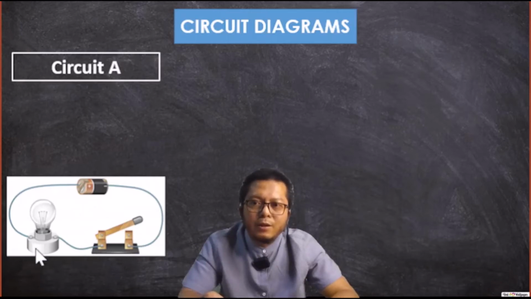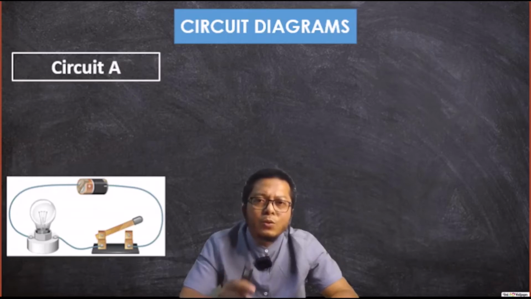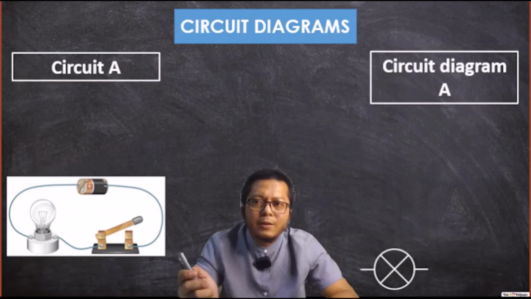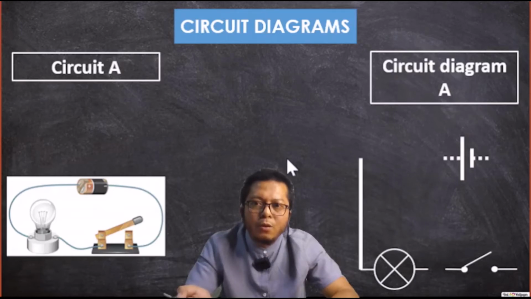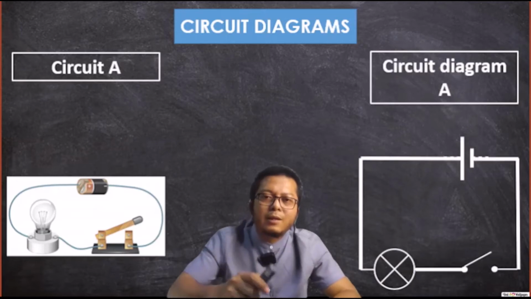The circuit A, this is a circuit, is quite hard to draw, but we can make it easier using circuit symbols. For circuit A, for the light bulb here we can use one light bulb symbol, and then for the switch we can change to the switch symbol, and then for dry cell we use this symbol, so this is correct, three symbols, and for the wire we just connect all of that and it becomes a circuit diagram.